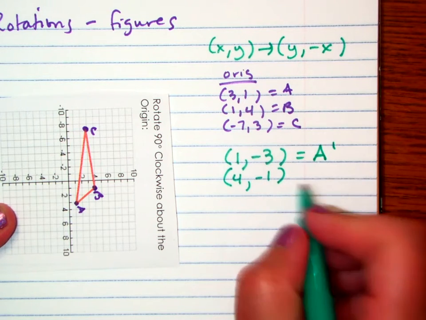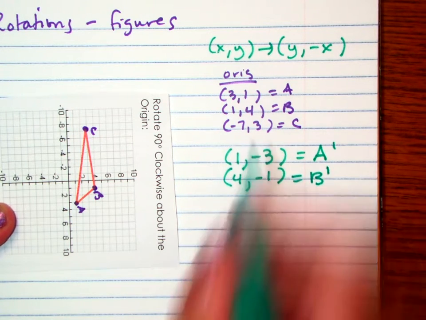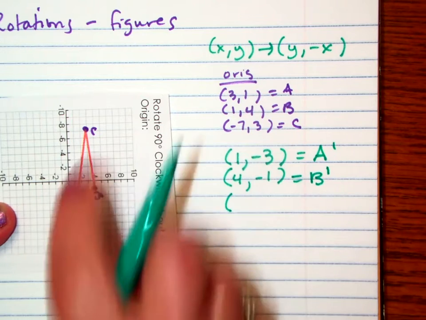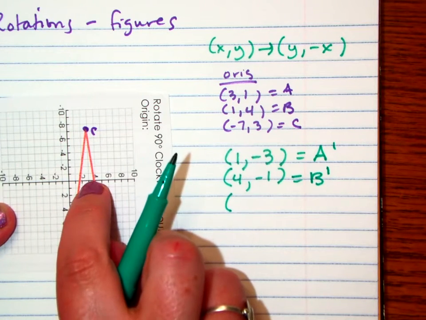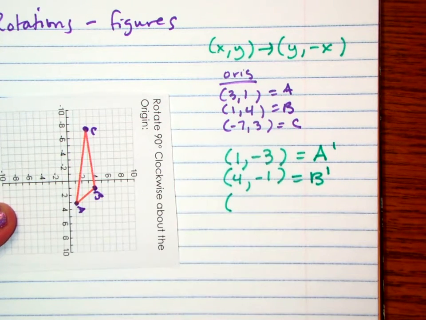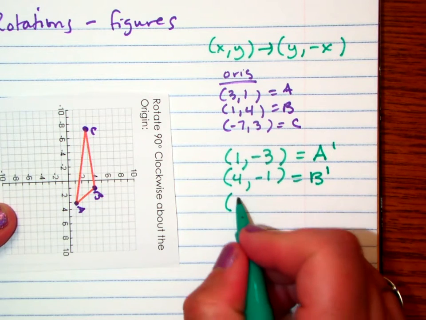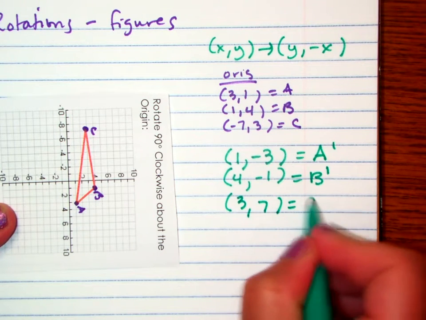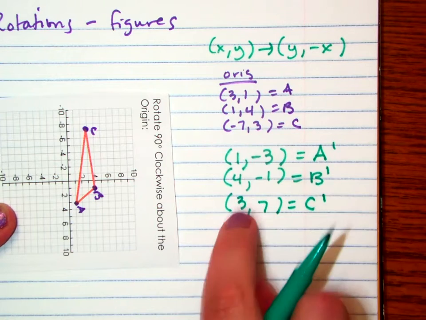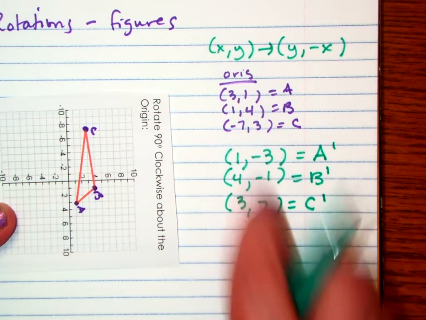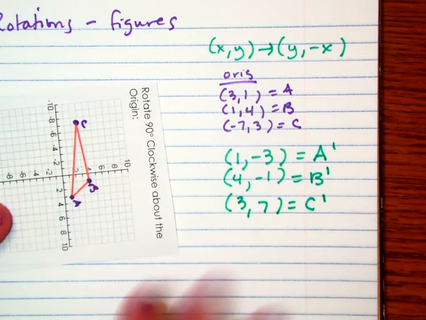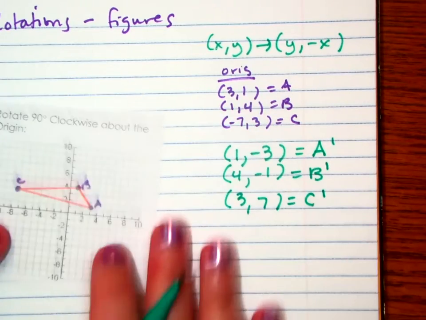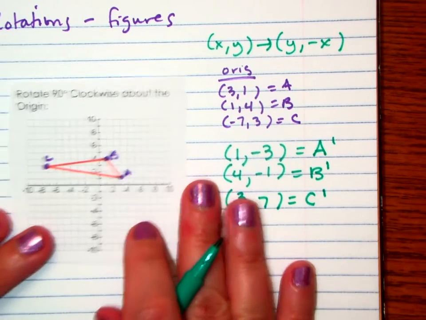That is my B prime. And my C prime is up here over at 3 and then +7, so 3, 7 would be C prime. And you notice again, I flipped them and then the negative became a positive. So that's another way to do it. You don't necessarily have to do all this turning that I'm doing.